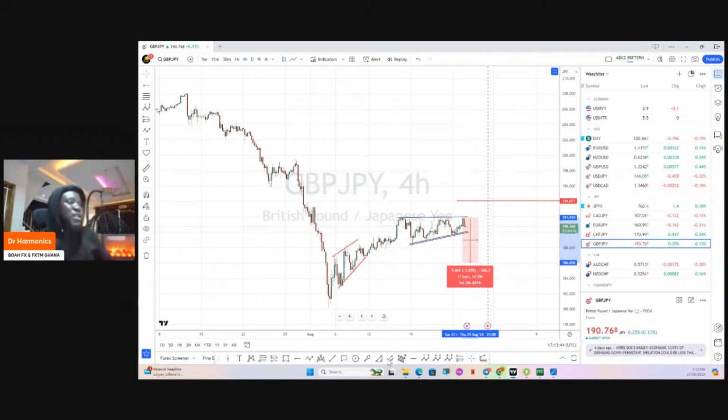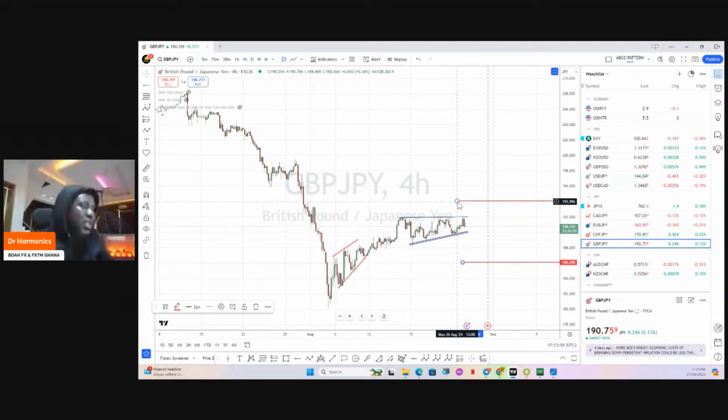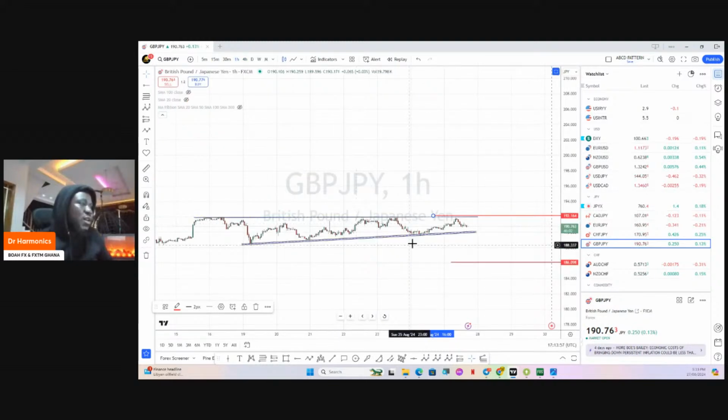That should be around here. So I want to take a trade right now. I'll put it here, my stop loss above here on the 1 hour.